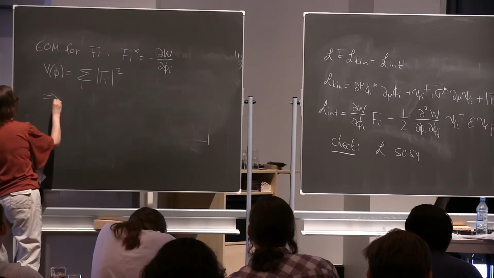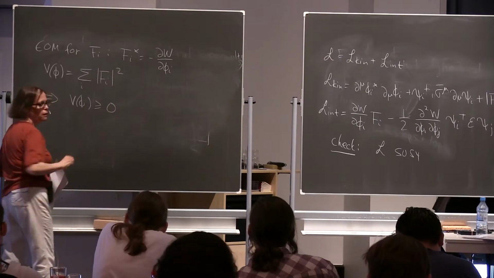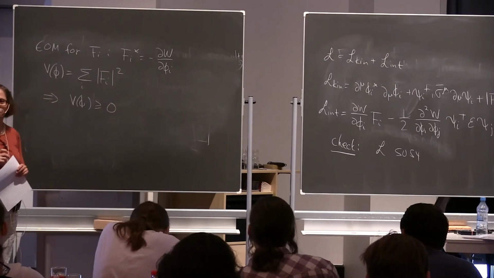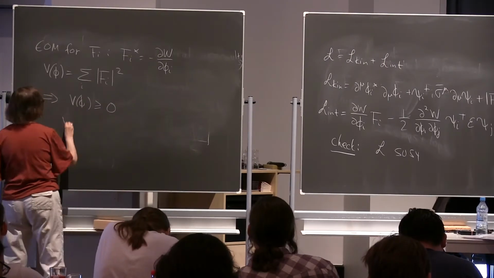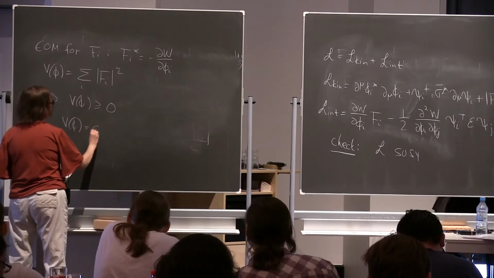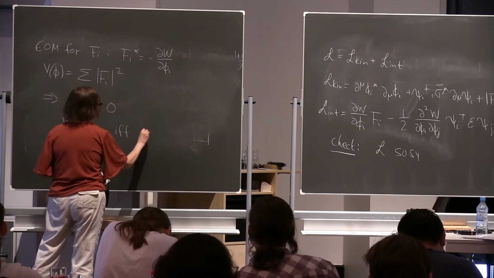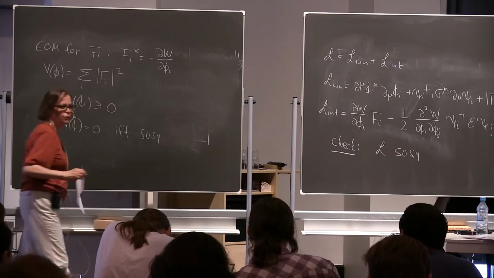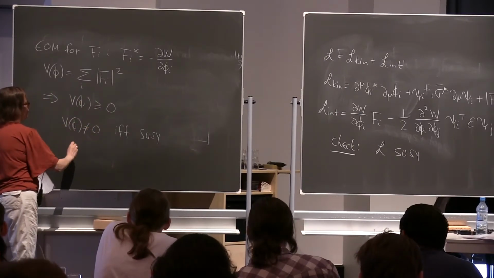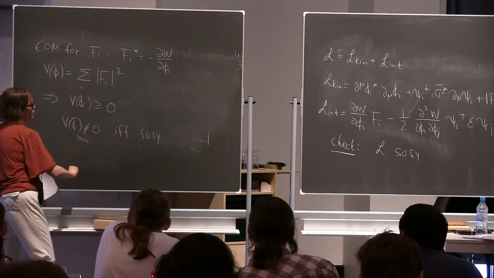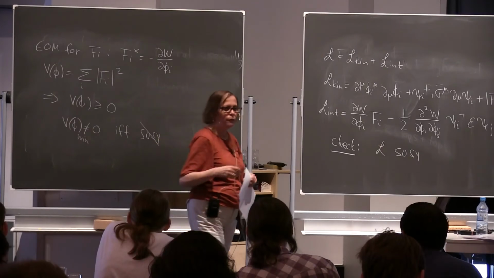So we see automatically that V(φ) is always above 0. And we can also see that V(φ) is 0 if we have a supersymmetric theory. Or let me put it the other way, V(φ) at the minimum is non-zero if and only if supersymmetry is broken.